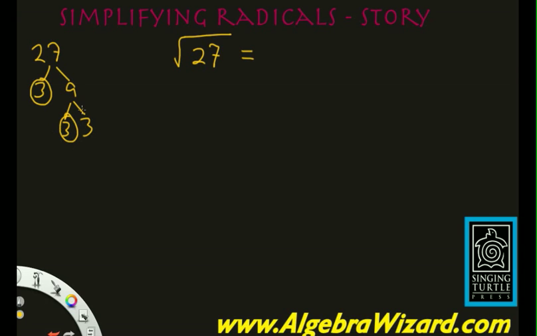We circle both of those because they're prime. So we've got our prime factors now, 3, 3, and 3. 27 turns out to be 3 cubed. So we just rewrite our radical as the square root of 3 to the third power.